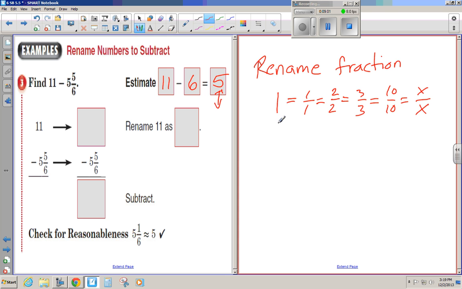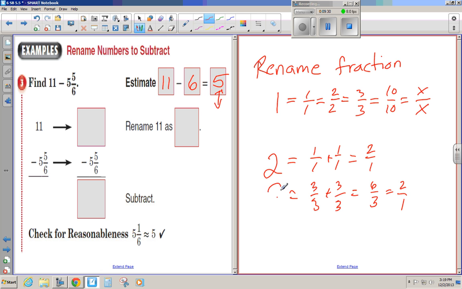So that means I could say that 2 is equivalent to 1 over 1 plus 1 over 1, as that gives me 2 over 1. I could say that it's 3 over 3 plus 3 over 3, which is 6 over 3, which is 2 over 1. So there's a lot of ways we can rewrite this.